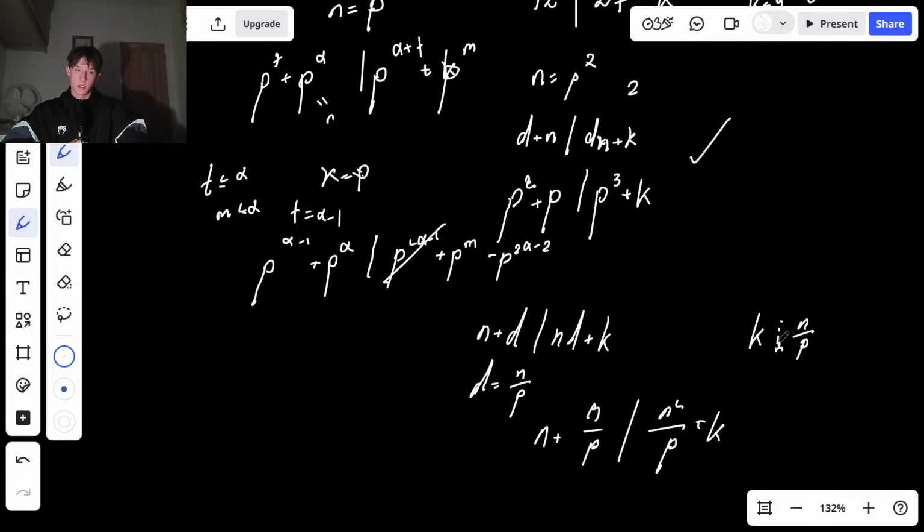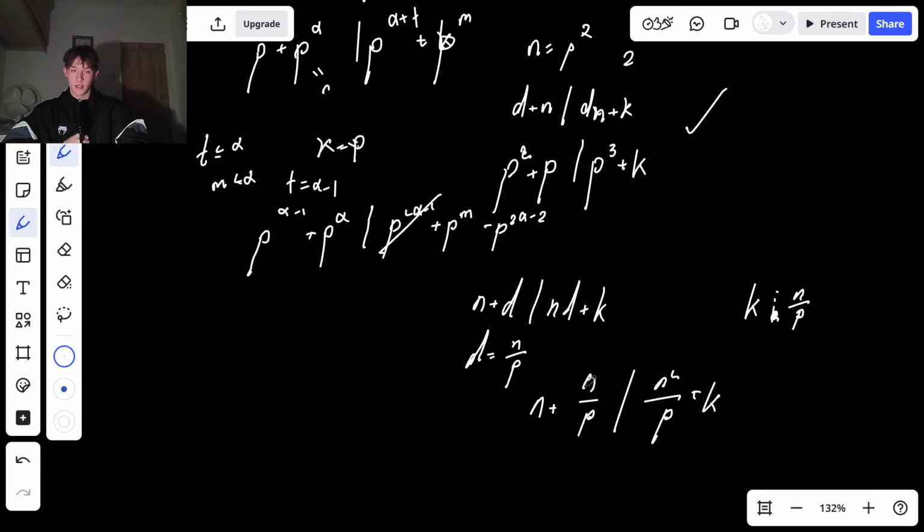And if I take p as my smallest prime, so p is the smallest prime that divides n, then k is divisible by n over p, which means that k is equal to some number r times n over p. And I know that this should divide n.